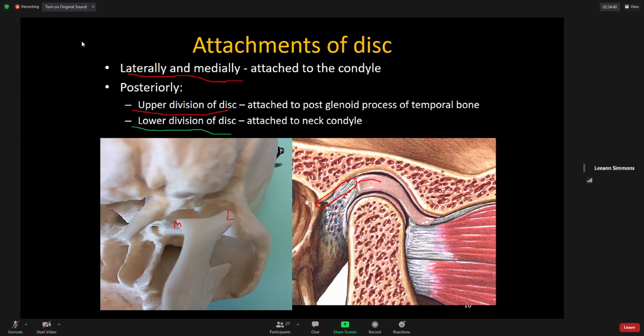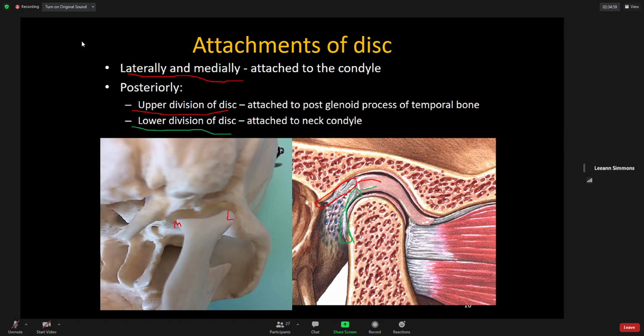So the lower portion here, you see this connective tissue coming down here and attaching down at the neck of the condyle, down here. Okay? So those are the posterior attachments of the disc.